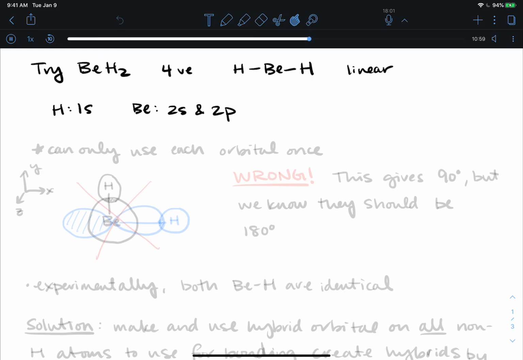All right, so when we make this picture, you can only use each orbital once, which just as a reminder, right? Because each one can only hold 2 electrons. So if it's in the process of sharing with another orbital to find a place to hold 2 electrons, we can't use it to overlap with anything else.